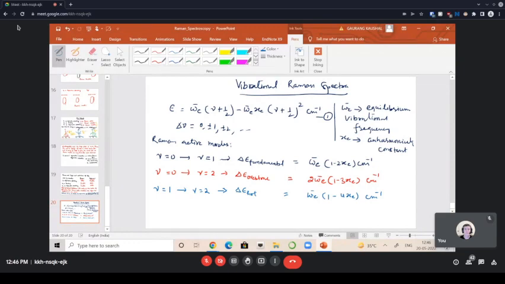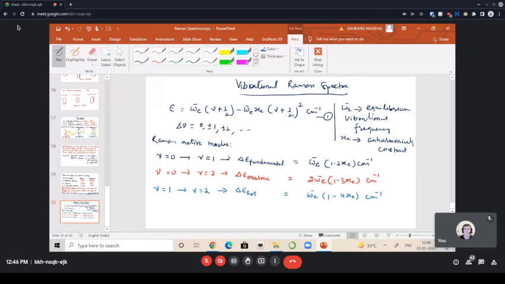Whereas the other two transitions are from the ground state to the excited states. So we have different levels, and inside those levels we have different values of v. Transition from 0 to 1 is the fundamental transition, 0 to 2 is the overtone transition, and 1 to 2 is called the hot transition.